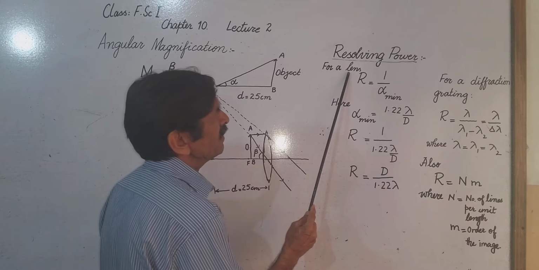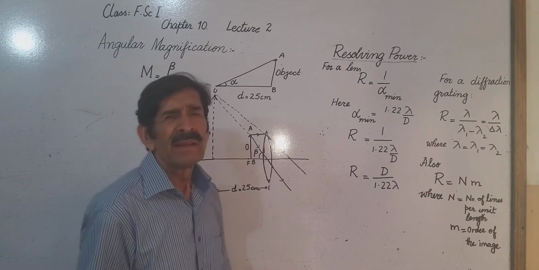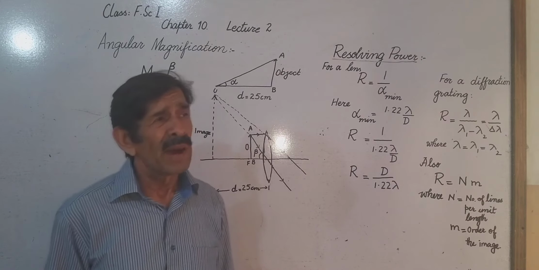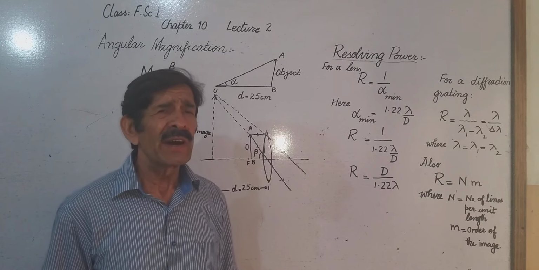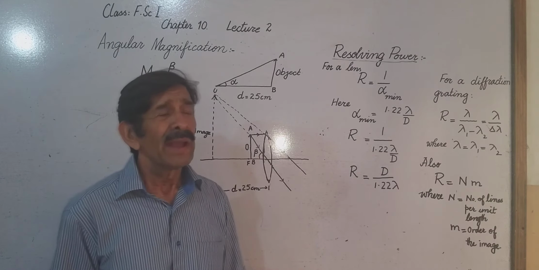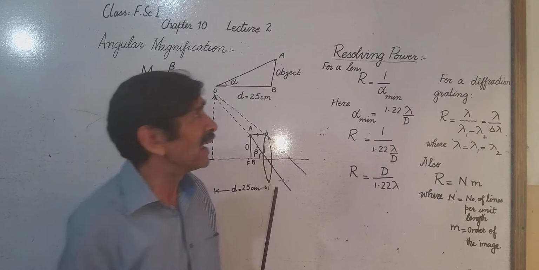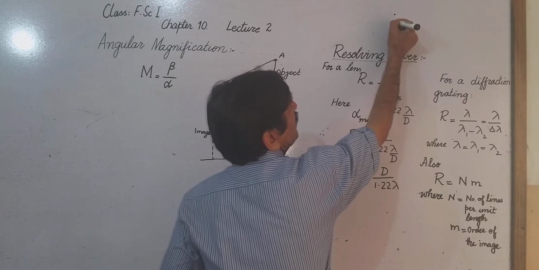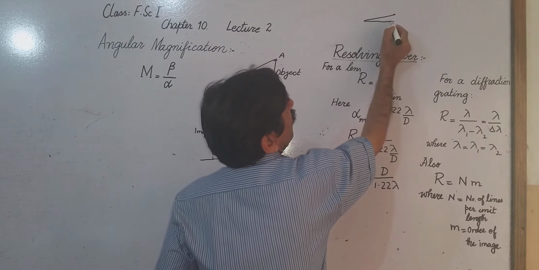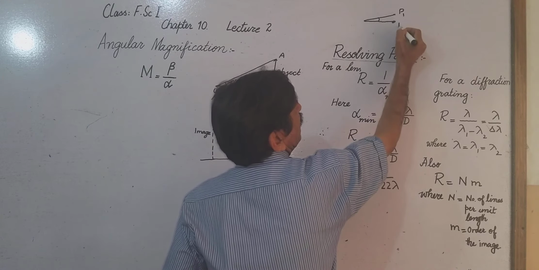For a lens, resolving power is defined as 1 divided by alpha minimum, where alpha is the angle subtended by 2 points lying at a far distance from the lens, and alpha minimum is the minimum angle subtended by these 2 points at the lens when these 2 points, P1 and P2, can be seen separately.